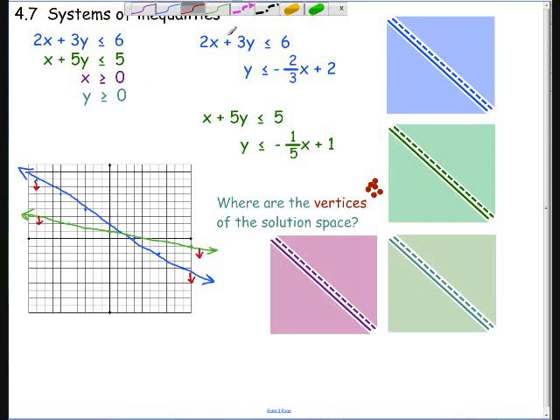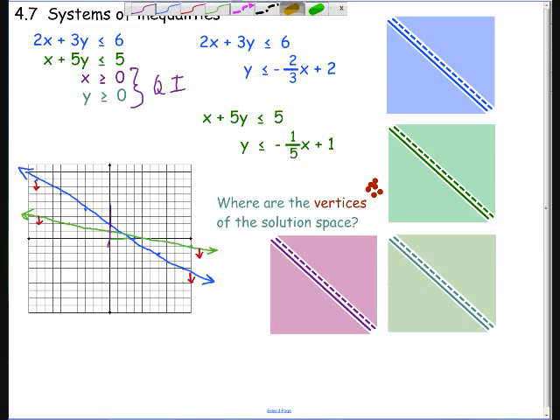Less than. Then we have x greater than 0. So what we're talking about here is right here. Basically what these say is that we're going to be in quadrant 1. And we're going to have a y which is greater than 0.